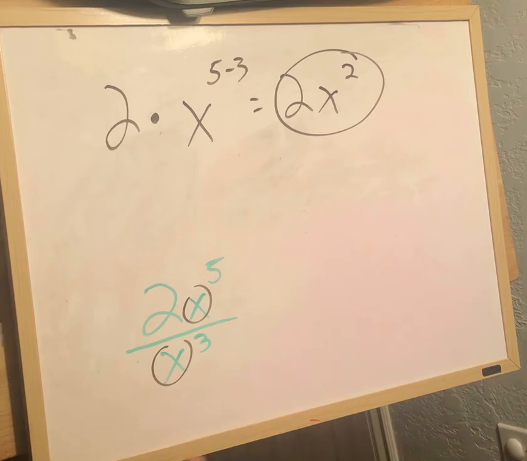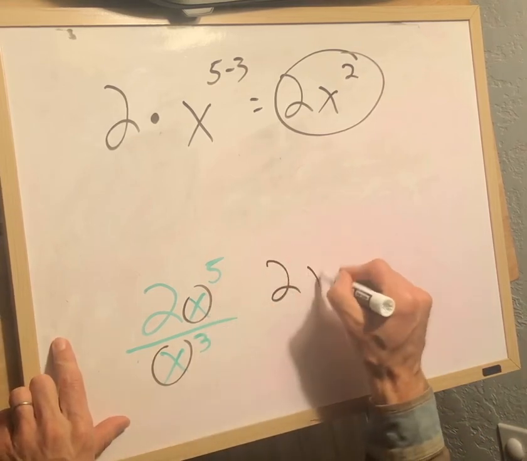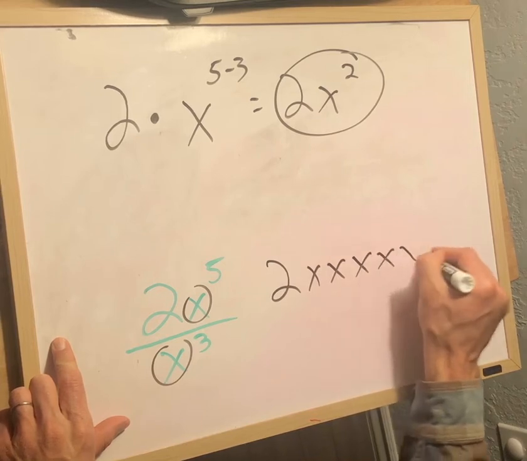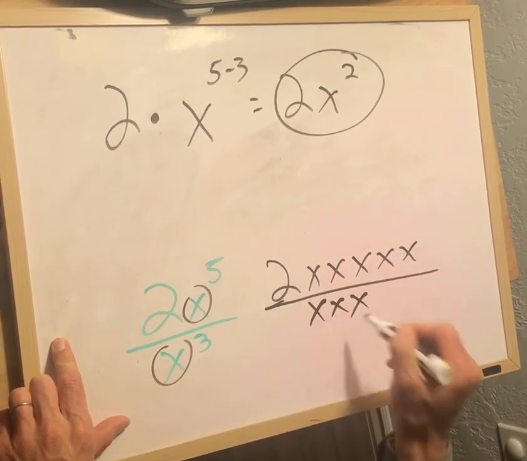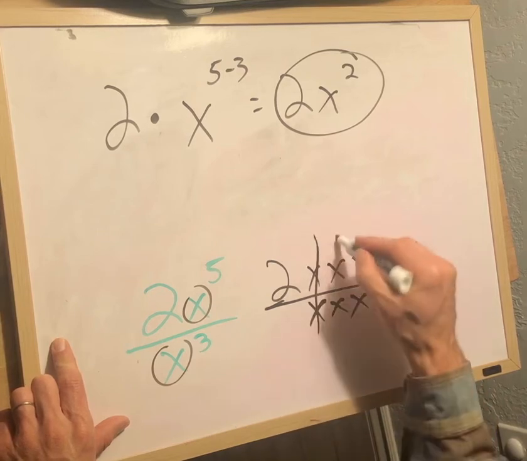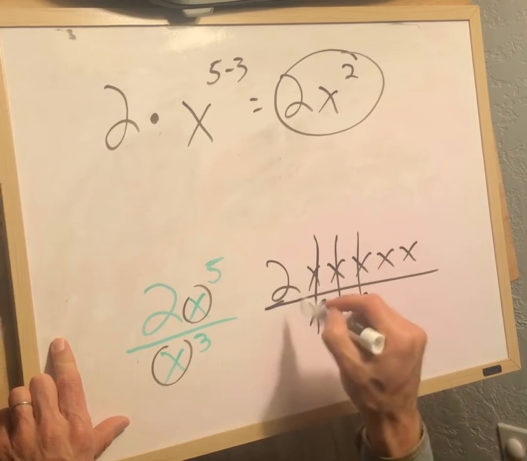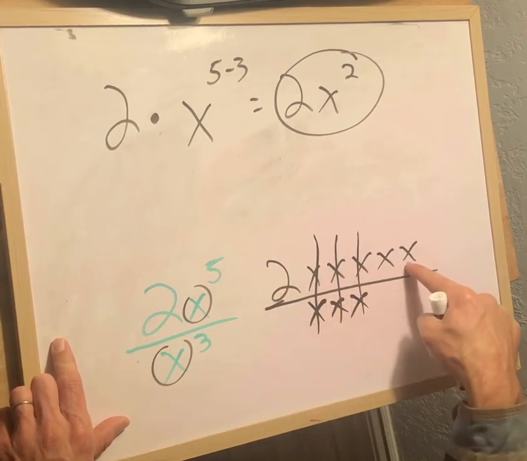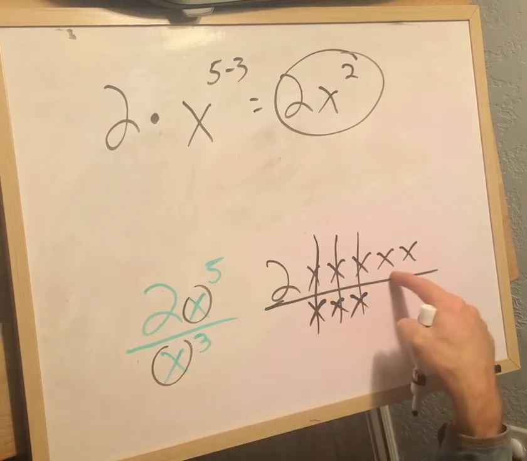Now, if I kind of lost you, think of it like this. You have a 2, then you have 5 x's: 1, 2, 3, 4, 5. Over, and you have 3 x's: 1, 2, 3. So if you cross out 3 x's on the bottom, you can get 3 x's on the top, and you have 2 times, how many x's do you have? 2. That's how you get 2x squared.